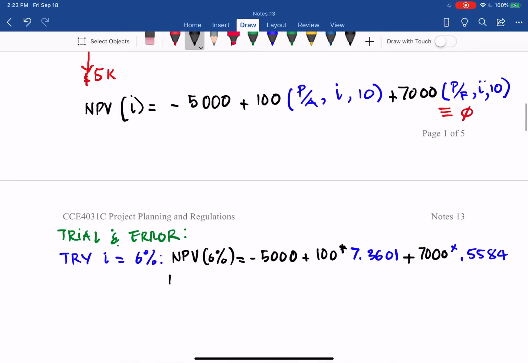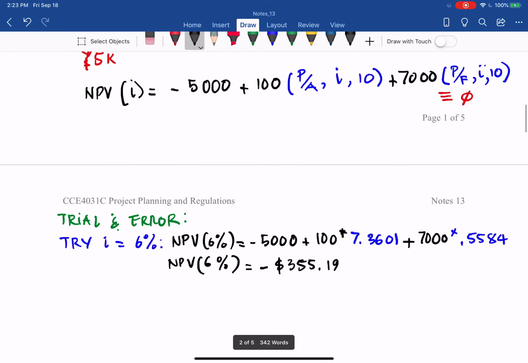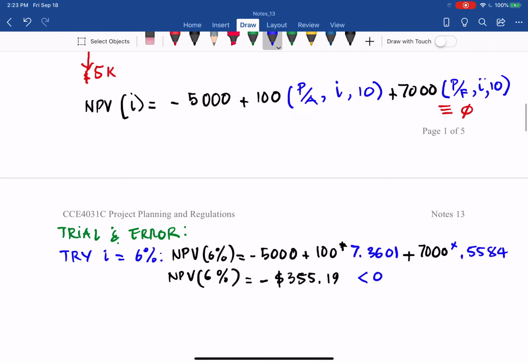From that, we have NPV at 6% equal to negative 355.19. You can see this one is less than 0. We want NPV equal to 0 at I, but at 6%, NPV is a negative number, negative 355.